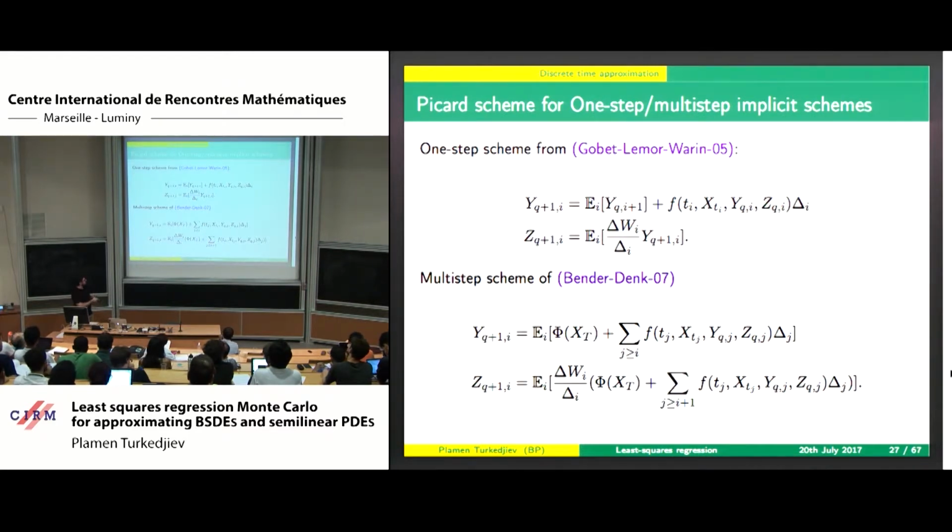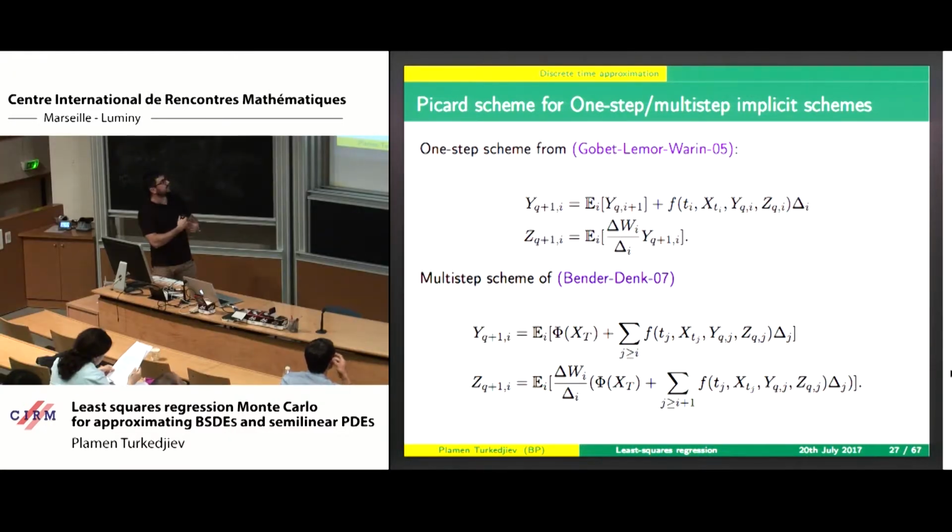And just to mention, if you do want to apply an implicit scheme, the way you can do it is by a Picard stepping type scheme. So we have a one-step version, which was developed by Gobet, Lemor, and Warin, and a multi-step forward version created by Bender and Denk. So basically what you do is you just plug in any initial guess for y and z, so it could be 0.